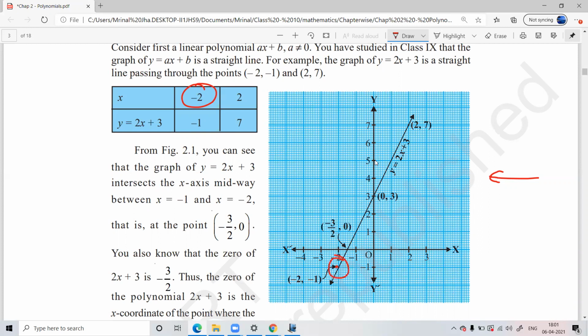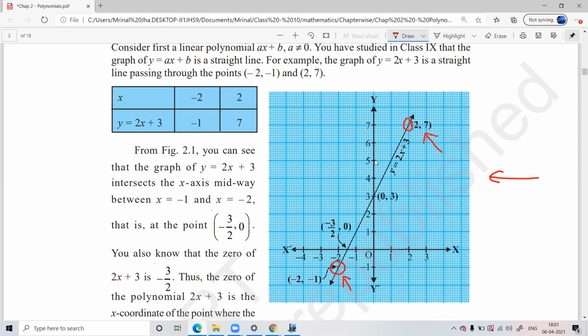I'm sorry. -2 comma -1. That point is over here. Okay, everyone can see that. Sorry about that. I thought they made a mistake. I was looking for the point here. It is -1, right? So it will be over here, of course. -2 comma -1. And where is the other point? 2 comma 7. So there's 2 here and 7 here. So this is your second point.